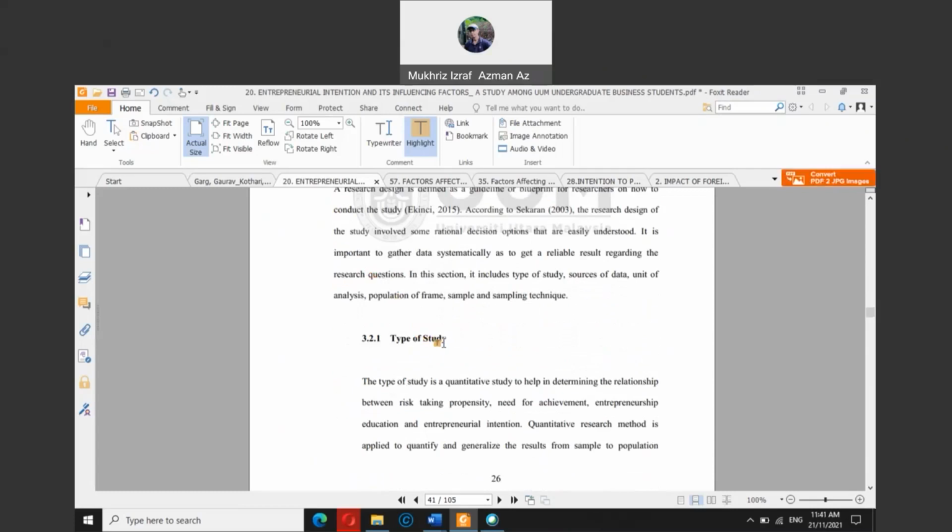Because we are relying on data collection, primary or even secondary, that falls under quantitative analysis or quantitative study. But some other areas do not really use any statistical tool. For example, they just do observation or case study.